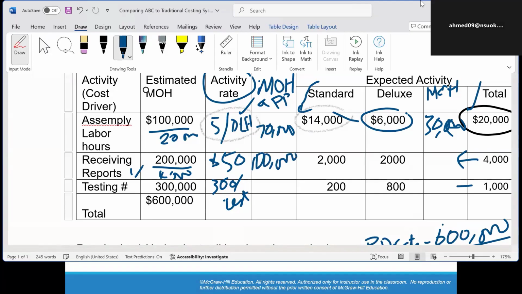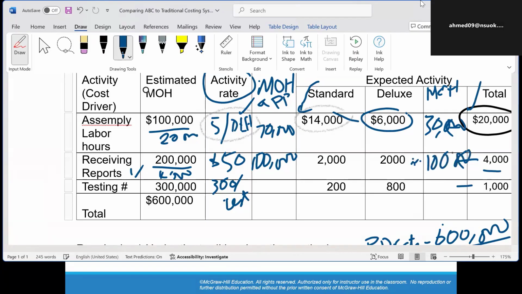And 50 times 4,000 gives me 100,000 also.